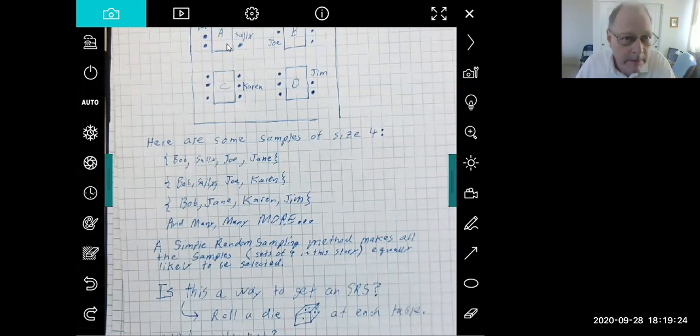So you get one person by rolling the die at table A, you get another person by rolling the die at table B, you go around the room, you get 4 people. Is that a simple random sample? What do I mean? I mean, does it make all possible combinations equally likely to be selected?